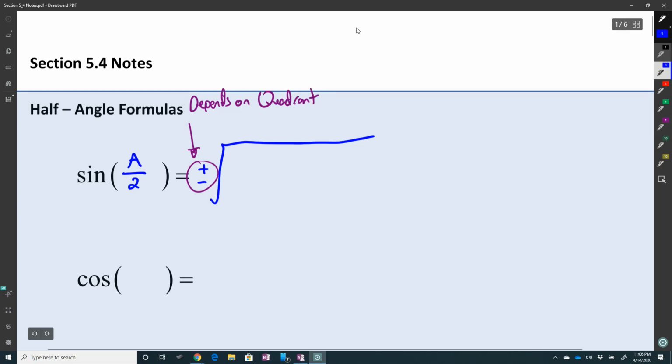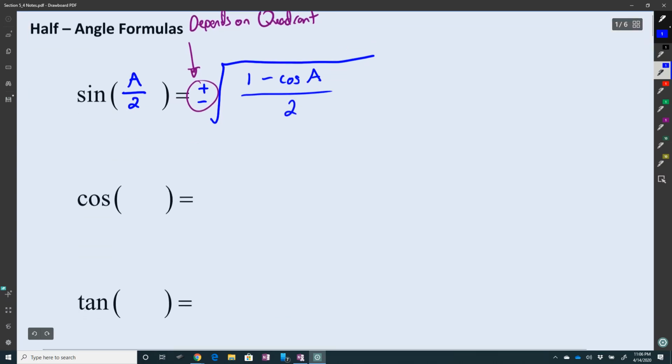Okay, but anyway, it's plus or minus the square root of 1 minus cosine a over 2. Whereas cosine is pretty much the same thing, except it's 1 plus cosine of a over 2. And this is, again, a over 2.